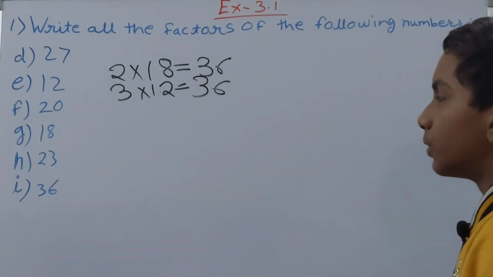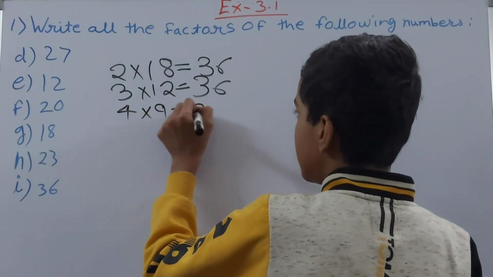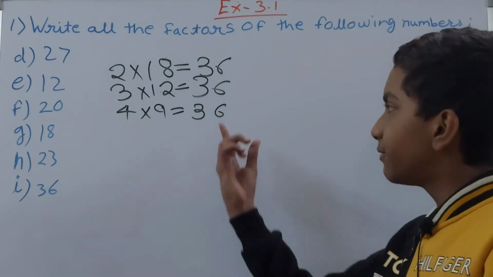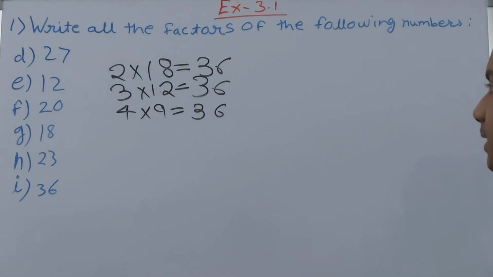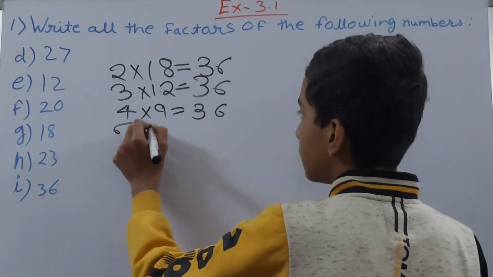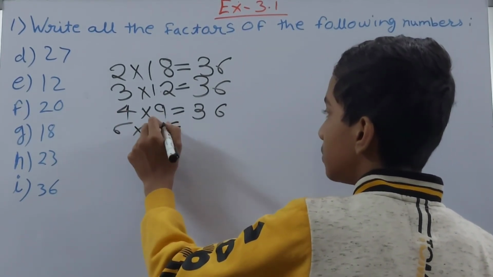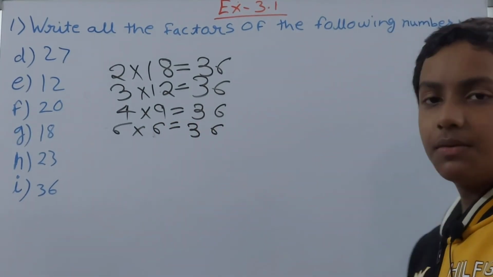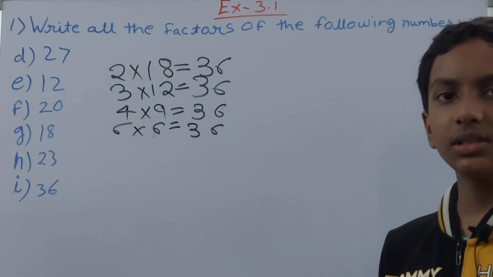Okay, then 4 nines are, we have studied, 4 nines are 36. 5 will not divide it because the digit at one's place has to be 0 or 5. It is 6, so it is not that. Then 6. So 6, if you see, 6 into 11, no, but 6 into 6 is going to give us what? 36. Then 7, will it divide it? No, it will not. 7 5s are 35, 7 6s are 42.